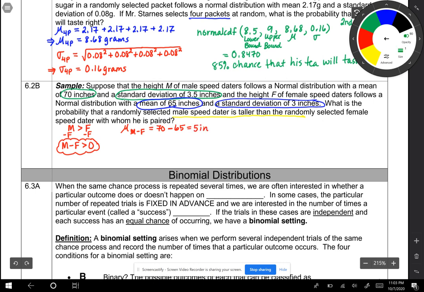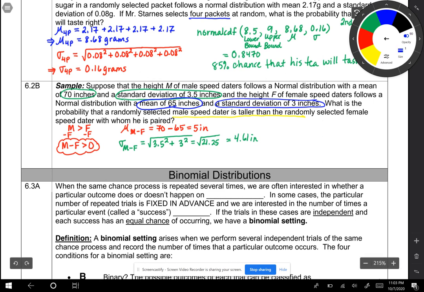The standard deviation, m minus f, is equal to the square root of 3.5 squared plus 3 squared, which gives us 21.25, which gives us 4.61 inches. Okay, so we have our two important pieces of information we need to do our normal CDF.